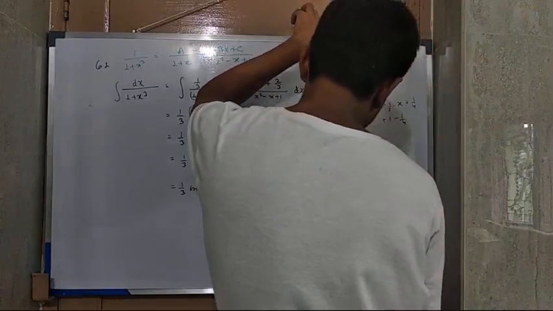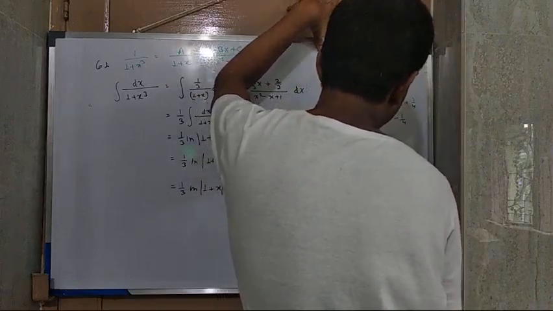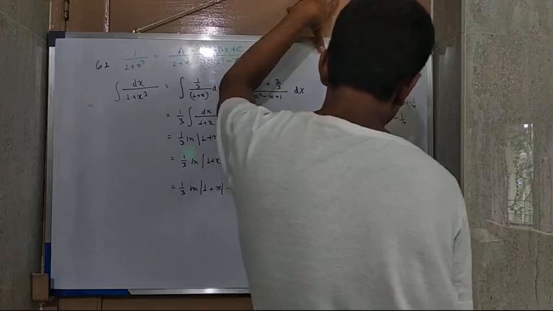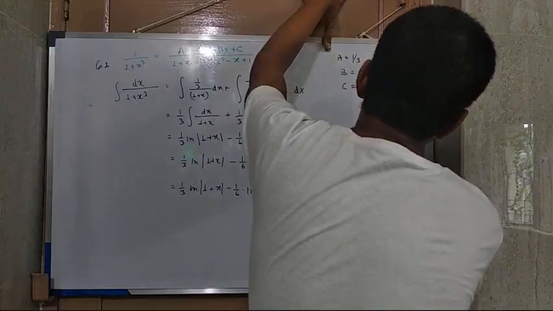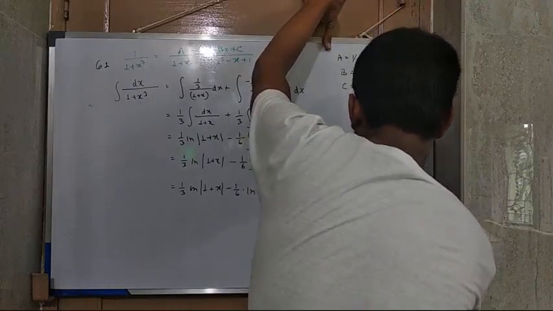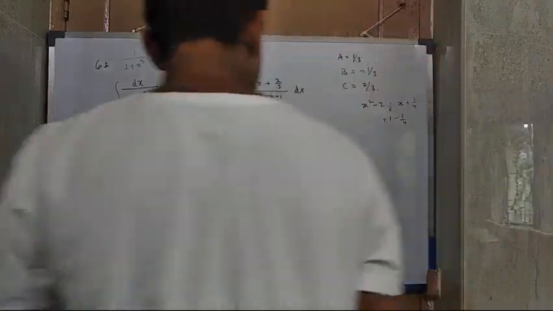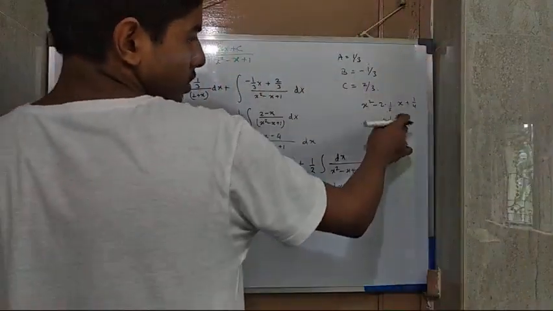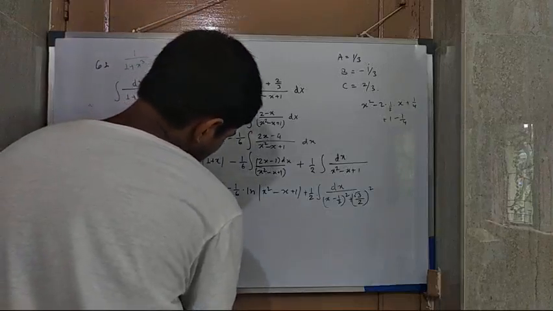So this is integral dx by x minus half whole squared, plus √3/2 whole squared. So this is the formula of tan inverse.